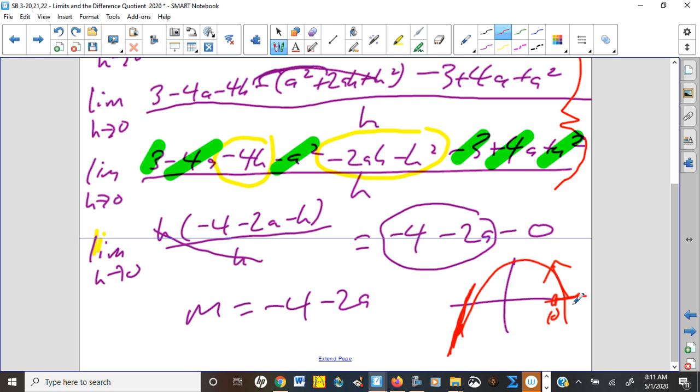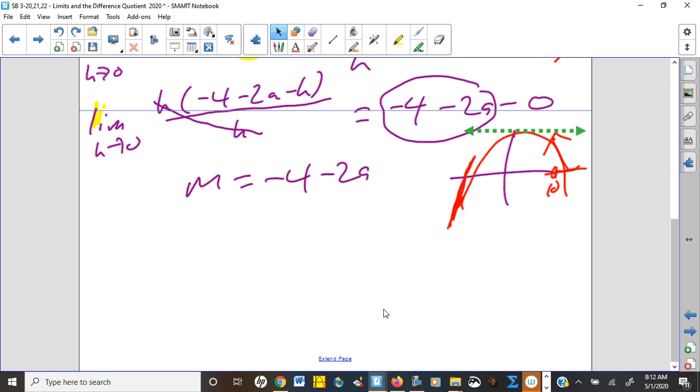Now remember, our purpose was to find where it's horizontal. And like I've mentioned a couple times, we know that the only horizontal tangent you're going to get for a parabola is at the vertex. Okay. And in general, anytime a curve changes direction, you should get a horizontal tangent because you'll have a local min or max at that point.